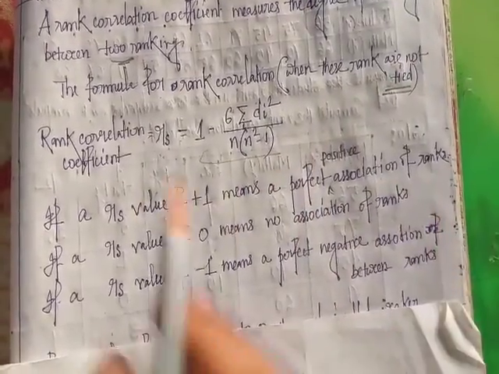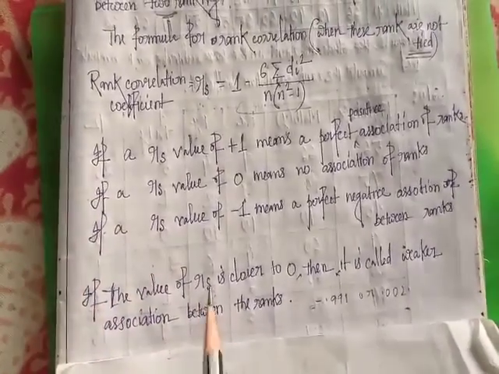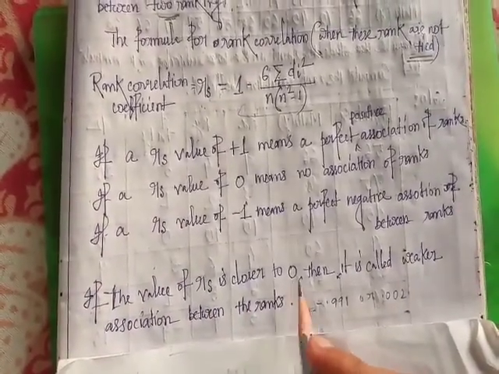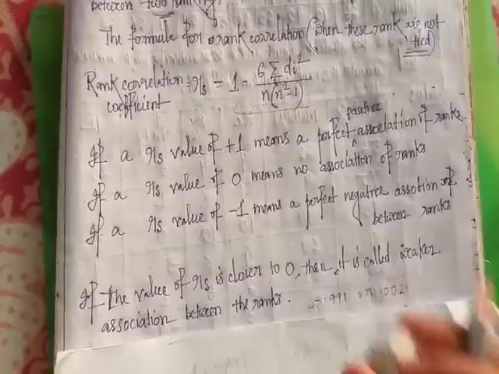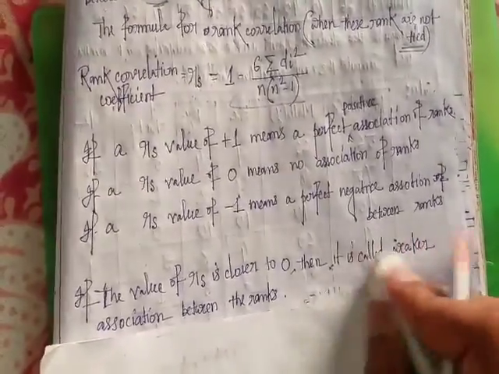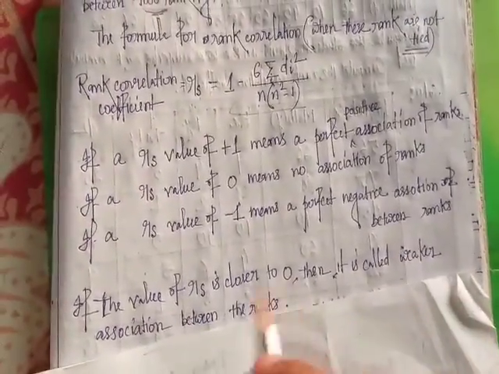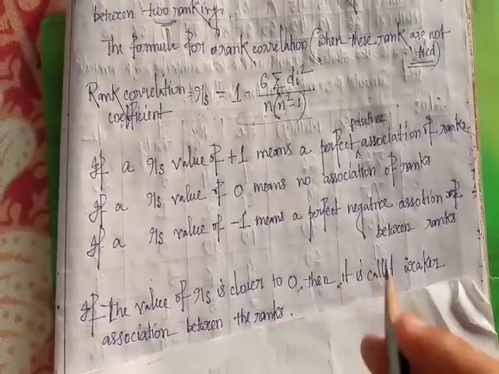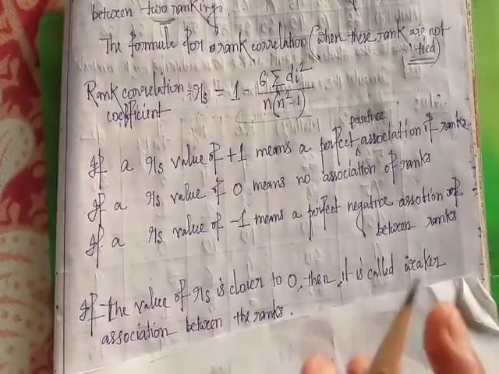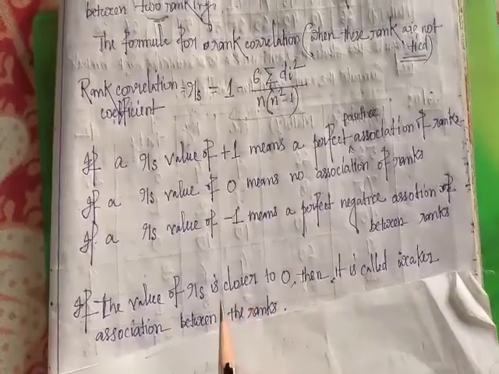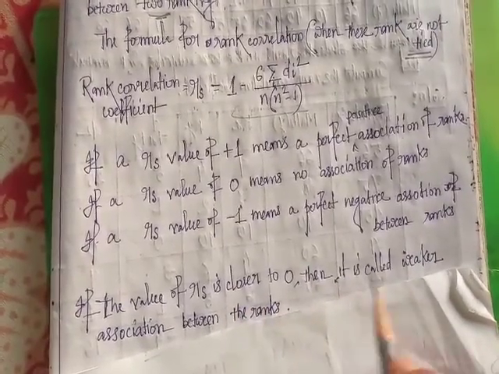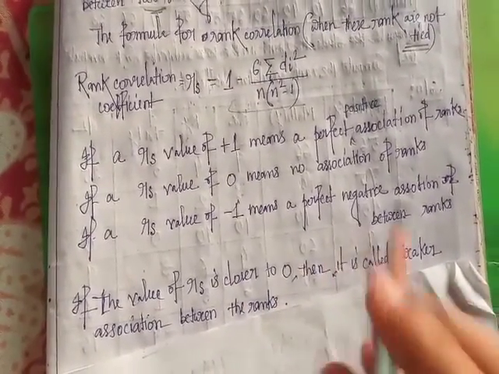If the value of Rs is closer to 0, then it is called weaker association between the ranks.